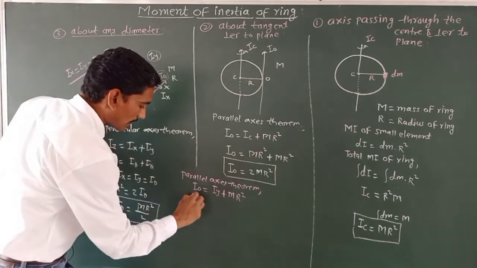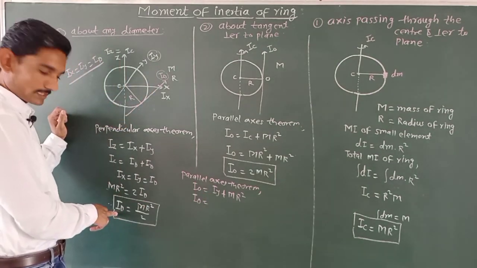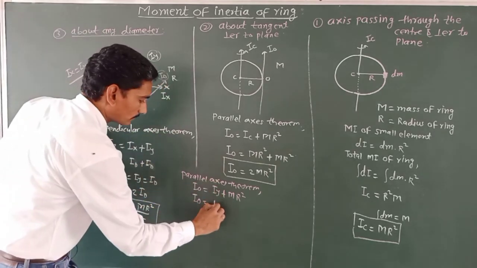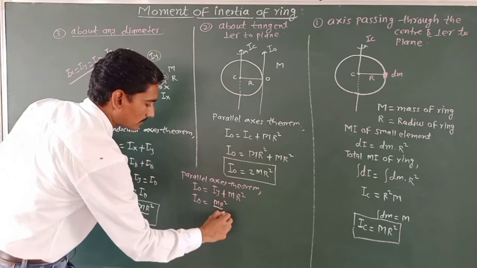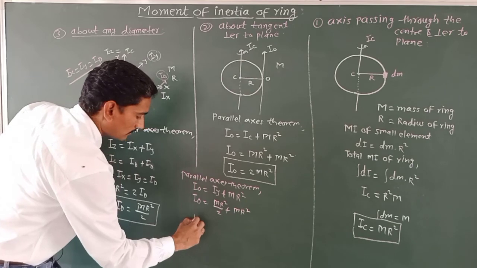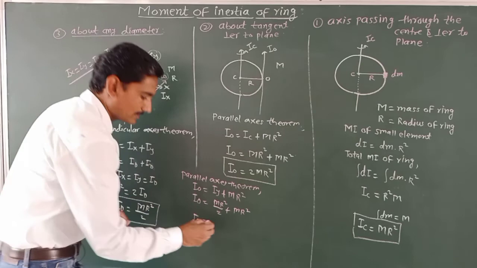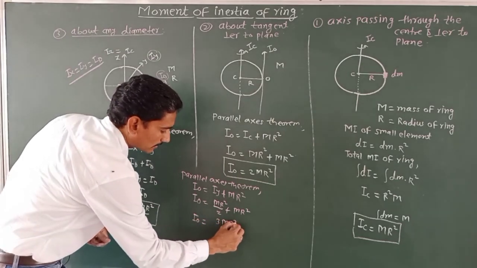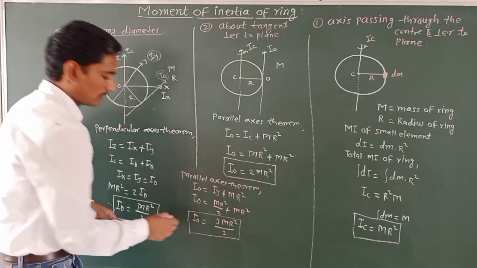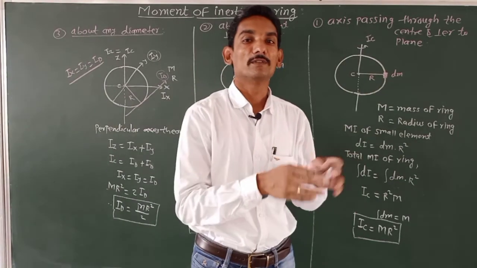So in place of Iy, we can put the value for Id, that is mr square by 2, because this is the moment of inertia about any diameter. So IO equals mr square by 2 plus mr square, which means it is 3 mr square by 2. This is the moment of inertia of a ring about an axis passing through the tangent but in the plane of the ring.